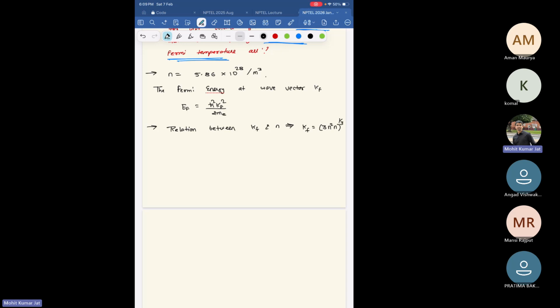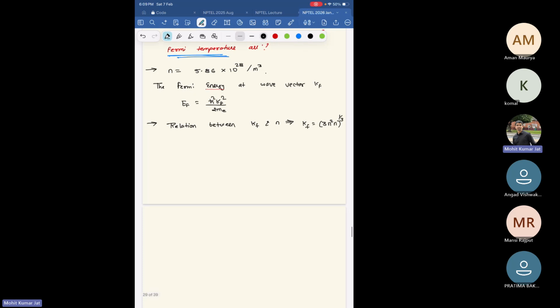You can see this is dimensionally correct because 3 pi square doesn't have any dimension, and number density n has dimension of per meter cube. So if you take 1/3 power of it, it will be inverse of length, and that's essentially the dimension of kf, which is length inverse.